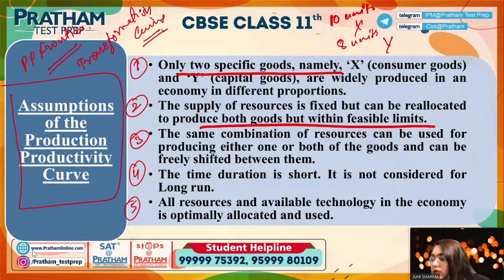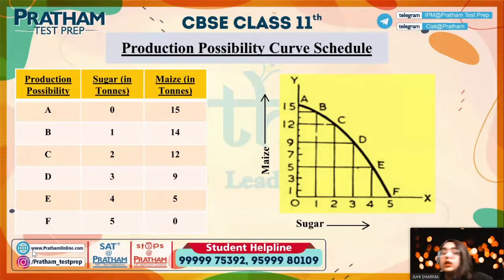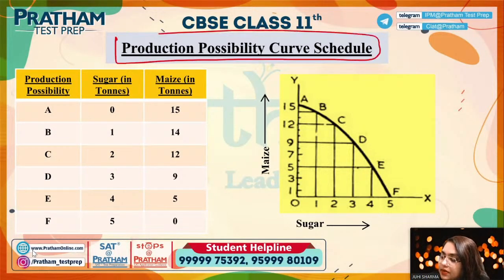Okay. Now, moving further, we have something called production possibility schedule. Schedule or table, right? Now let's say अगर आपको curve बनाना है, curve which is a graphical representation, right?